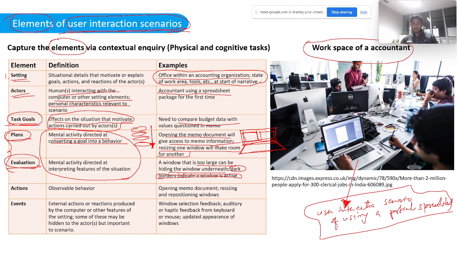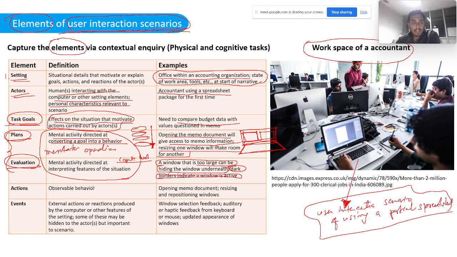The information processing inside that user's head, you need to capture as well. These are the mental operations that we as designers need to capture, to evaluate how we can minimize them, because these lead to cognitive load in case a task is very difficult.